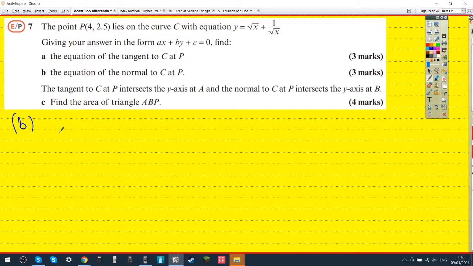So can you turn y equals into x to the power of a half plus 1 to the power of minus a half? X to the minus half. Like, 1x to the minus half. Something like that. Okay.